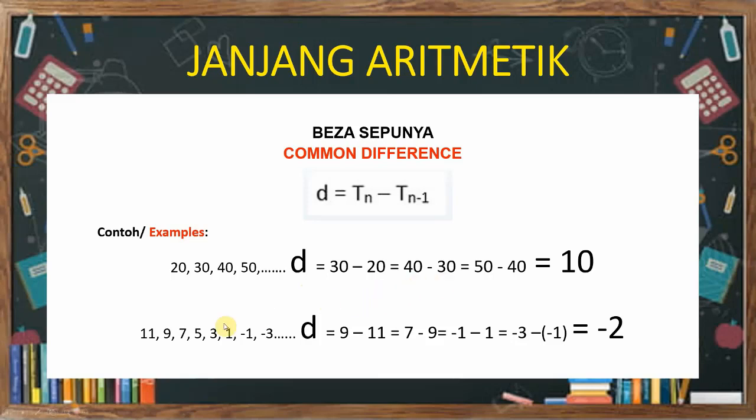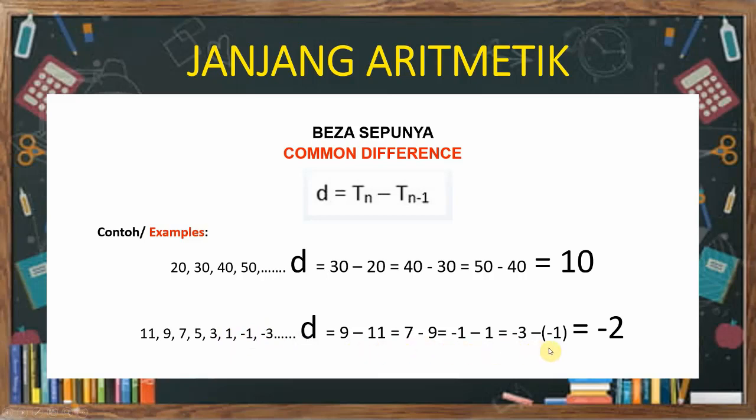So from the second example, we use 9 minus 11, 7 minus 9, 5 minus 7, 3 minus 5, 1 minus 3, -1 minus 1, and -3 minus -1.